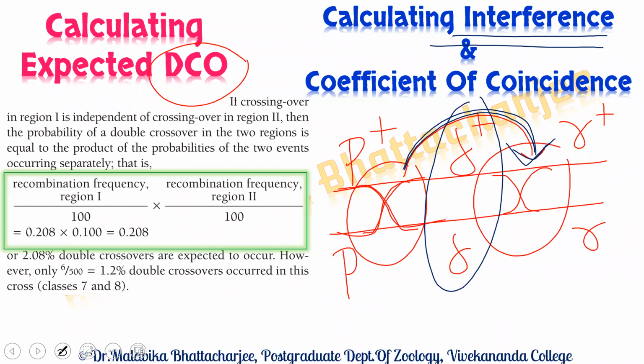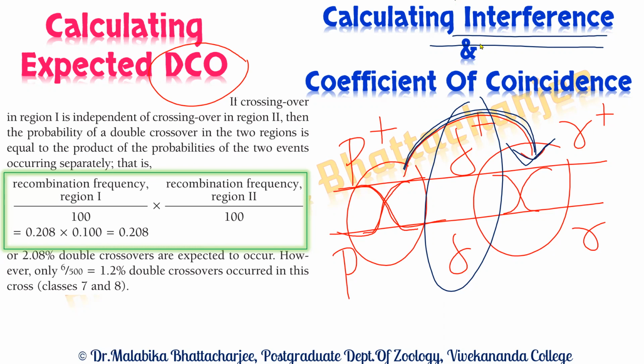So the first crossing over event will have a tendency to interfere with the second crossover event when two crossing overs are occurring simultaneously between three genes which are sitting adjacent to each other.